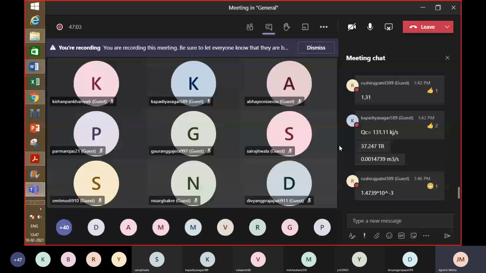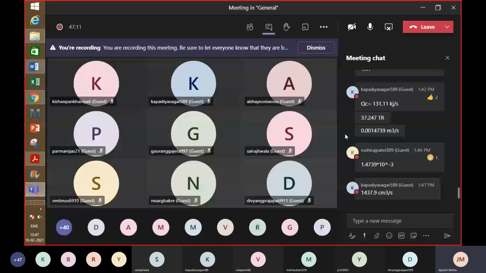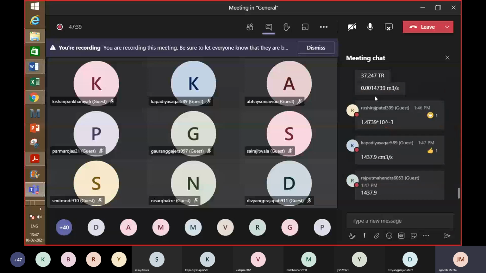Okay, 1474 roughly, right? Is this number correct or is this one correct?